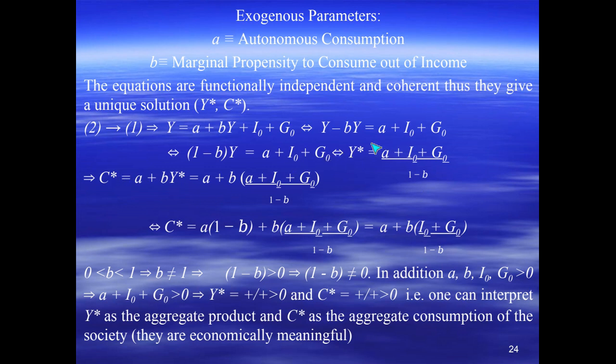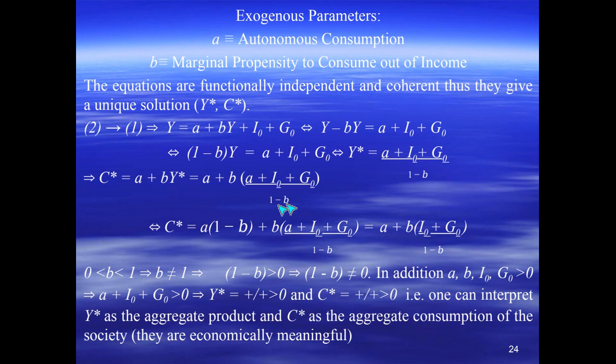And for C star, we can replace this y star in the consumption equation. We obtain C star equals a plus b times y star, which means a plus b times a plus I0 plus G0 over 1 minus b.